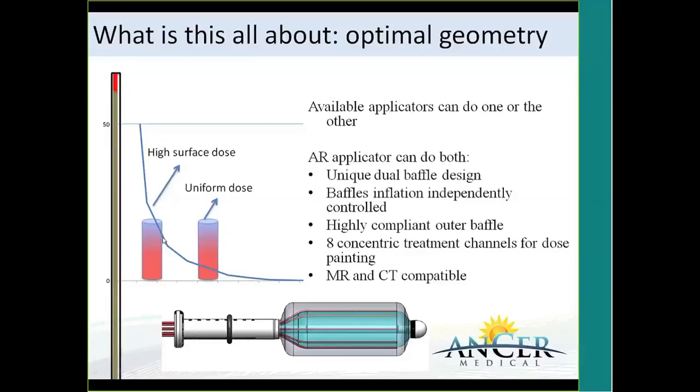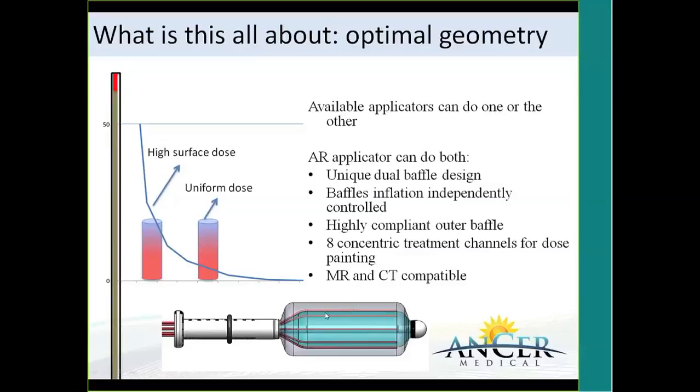So here is an example of how this works. This was done in a phantom, and we took a plastic tube and put a little bit of epoxy, and you can see how this is pushing in, how the balloon complies around the tumor, and how the simulated tumor gets closer to the source.